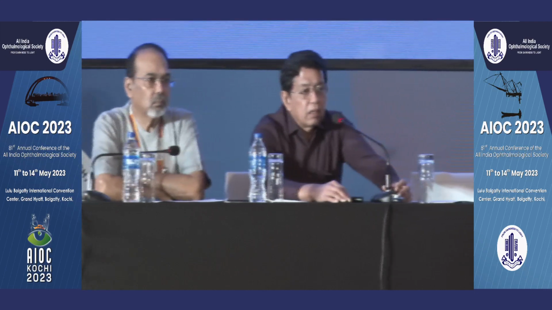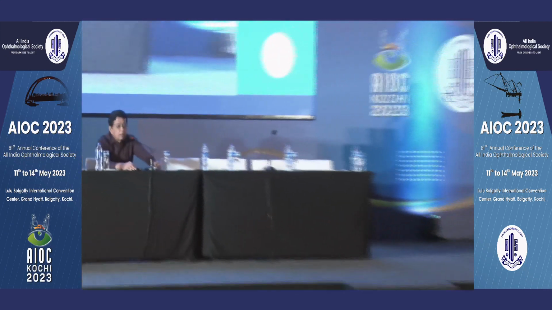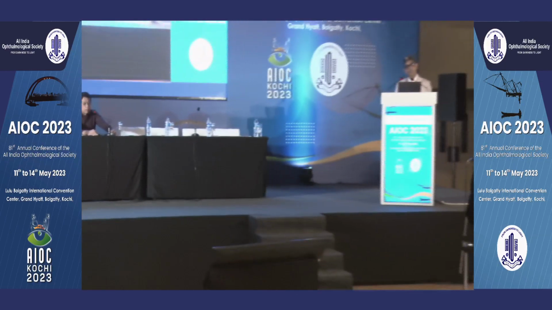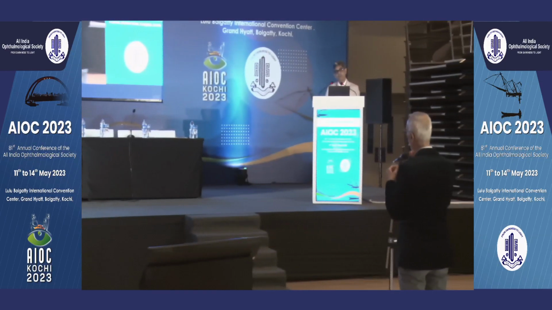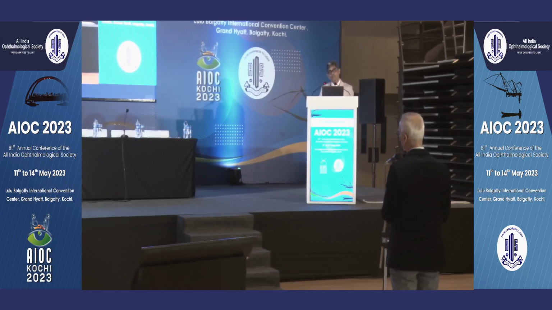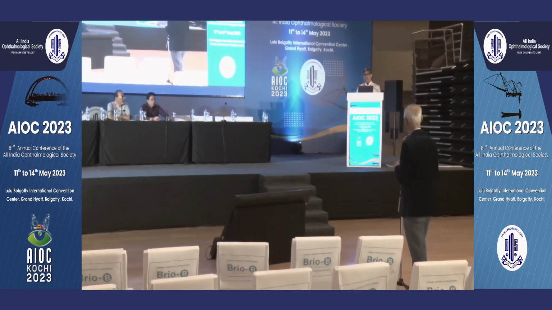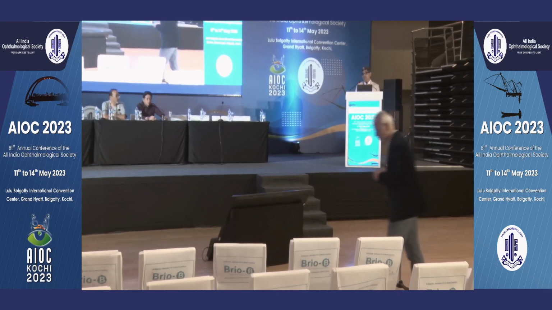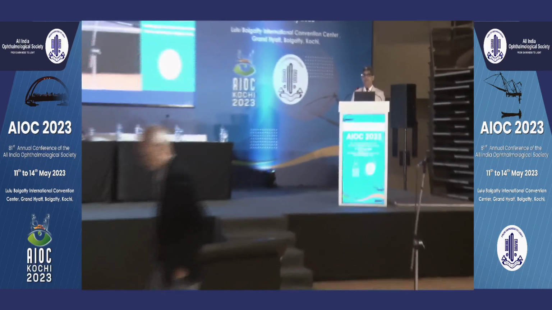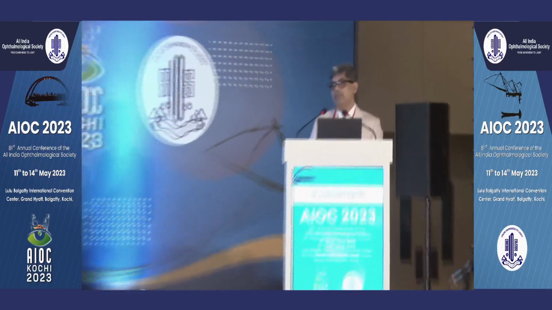I just wanted to know, since you have been doing ICL for a long, long time, have you observed in your patients that over time the vault has decreased? Documented? We have not documented. I have not documented personally, but we have patients from 13 years ago.